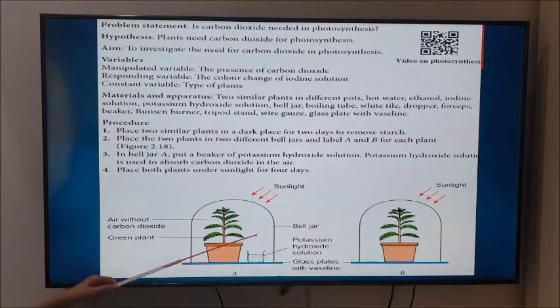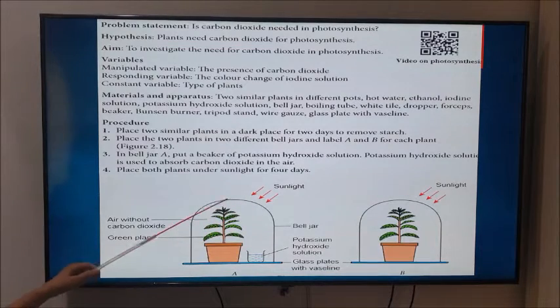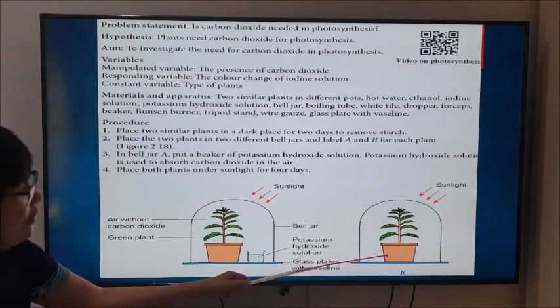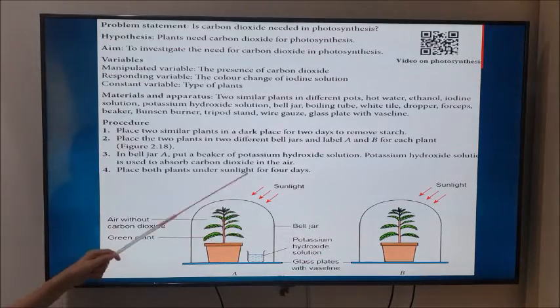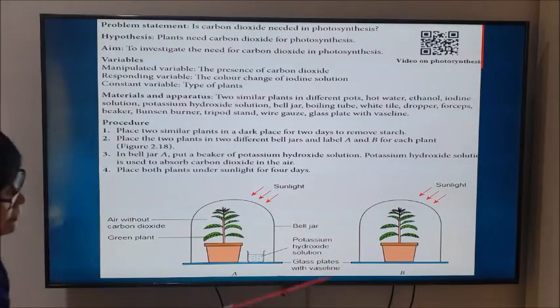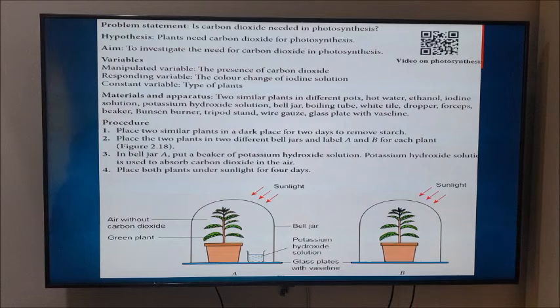It will absorb all the carbon dioxide inside this bell jar. So in other words, this plant cannot get carbon dioxide, whereas this plant can get carbon dioxide, and both plants are exposed to sunlight. Now, after some time, we pluck a leaf from each plant and carry out the starch test.